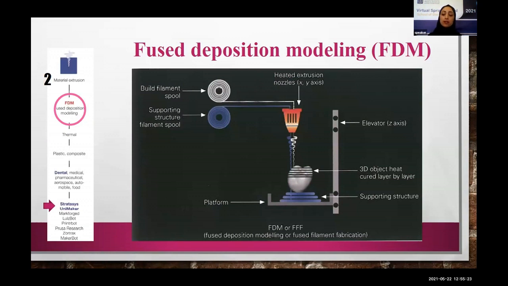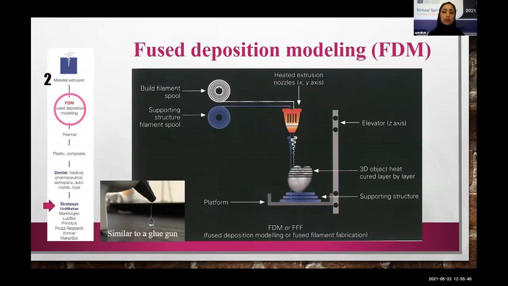It melts and then solidifies after being deposited. This system also is capable of delivering supporting structures of a different material from the object, which can be easily discarded by dissolving. Stratasys and Ultimaker are two of the most famous inventors of this technique. And it acts like a glue gun.